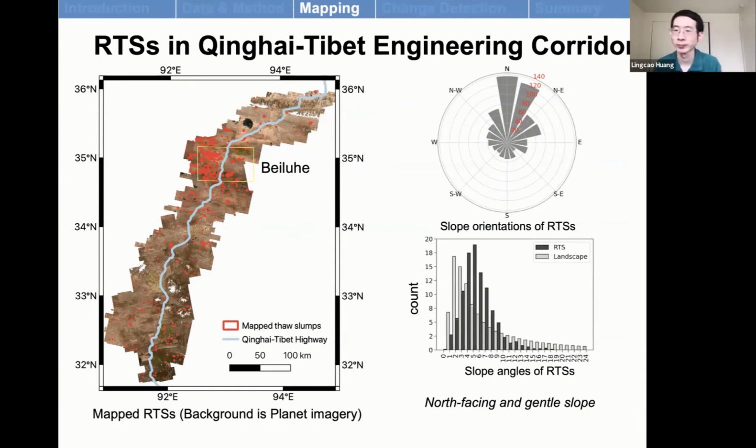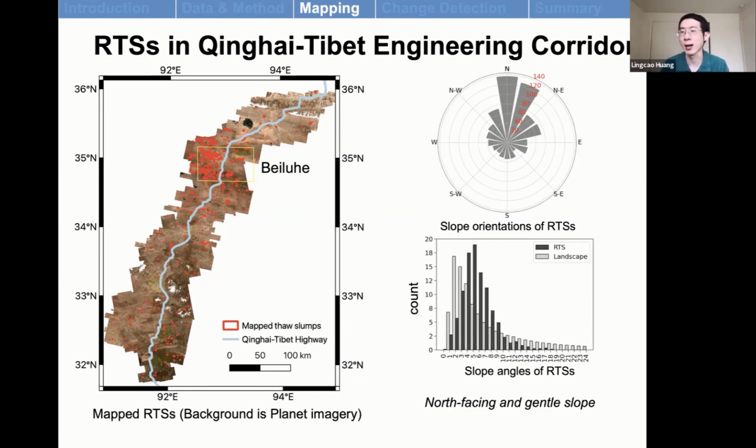Yes. South-facing slopes are usually warmer than north-facing, so to explain this, I think on the south-facing slope the active layer is thicker than on the north-facing slope, and in the north-facing case the permafrost table, the layer between the active layer and permafrost, may be closer to the surface.